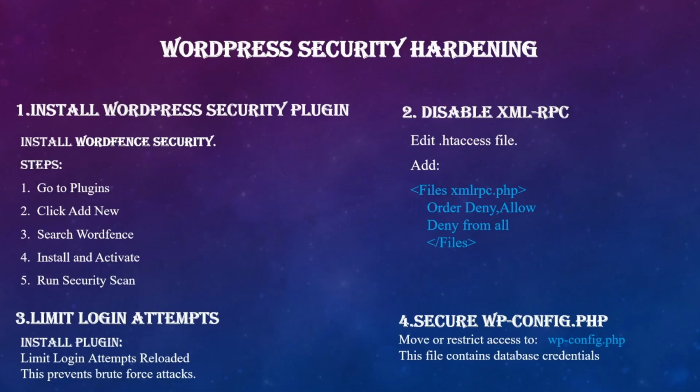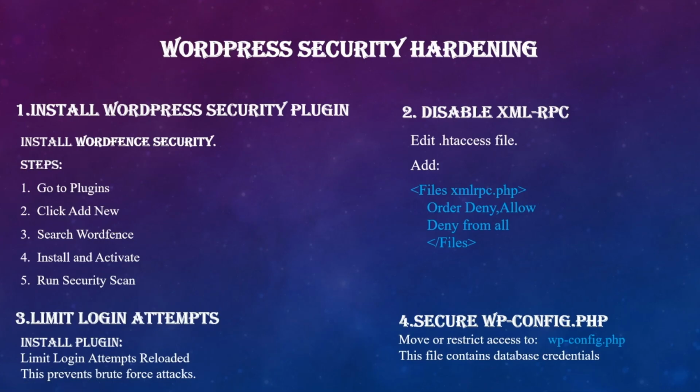The WordPress security plugins must be installed: go to plugins, click add new plugin, search for the security plugin, install and activate it, and run security scans.